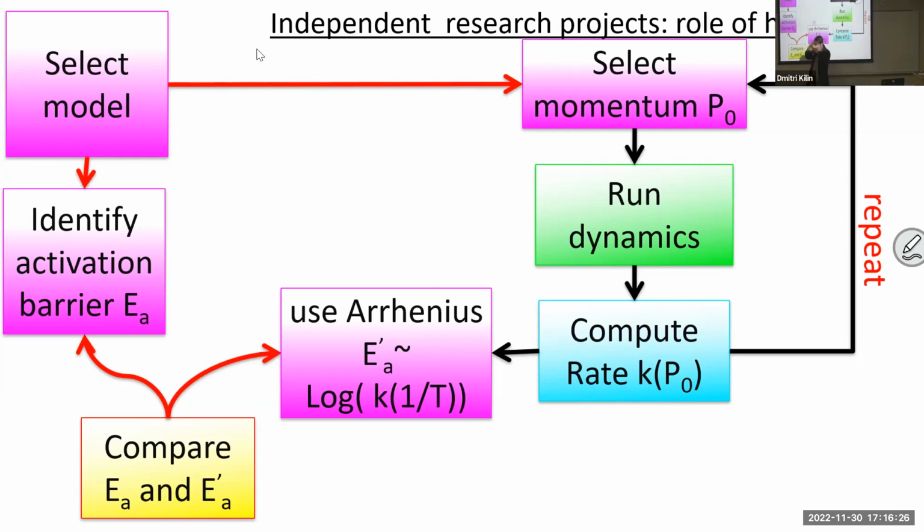Prepare a Gaussian wave packet at the side of the reactant, set the momentum so that it will approach the product, and by selecting a momentum, run dynamics, find the probability of reactant and the probability of product, extract the rate, and put one point on the Arrhenius plot: extract temperature out of momentum, extract rate, and it will be one point on the Arrhenius plot.